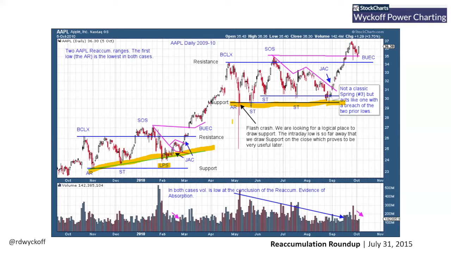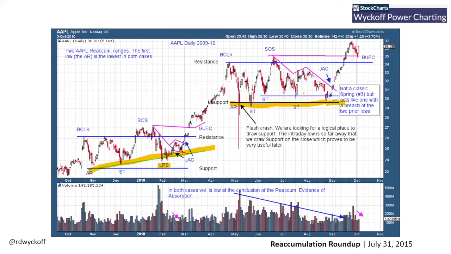We would look to get long Apple at the LPS, the test of the LPS, the backing up of the jump across the creek here, which is just another test, the backup after it's out of the reaccumulation area.